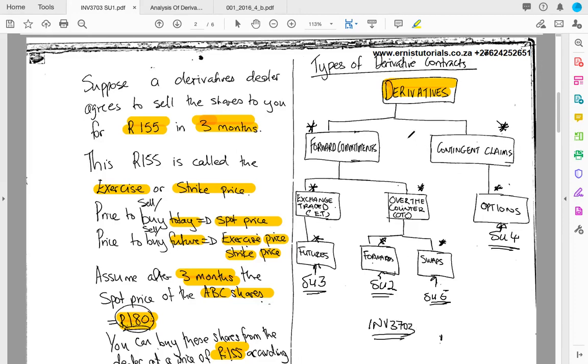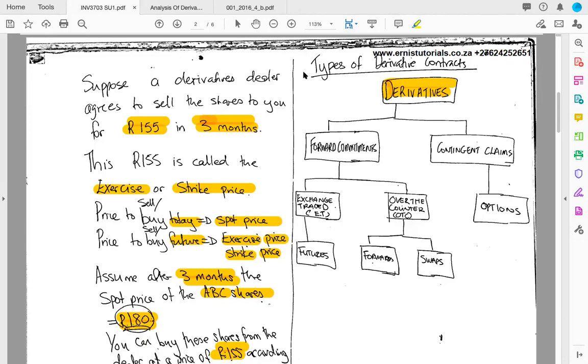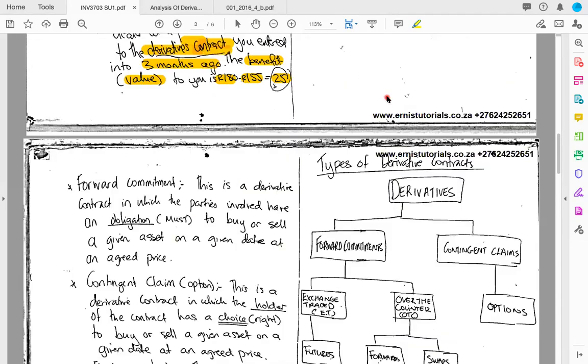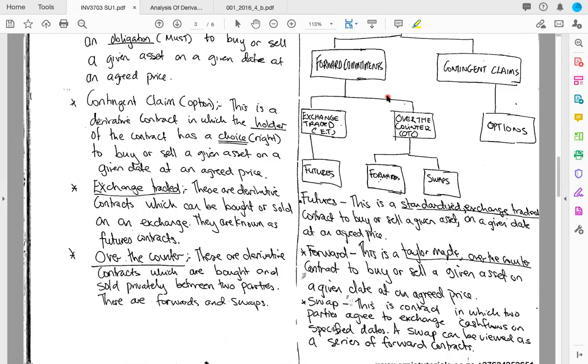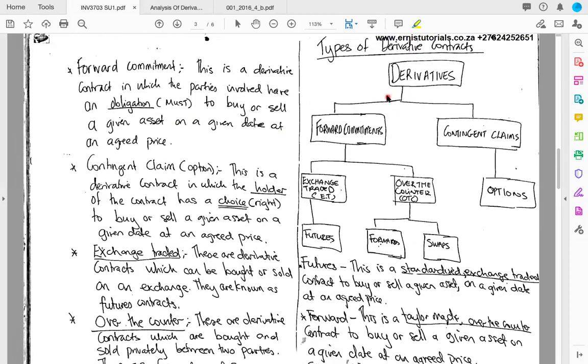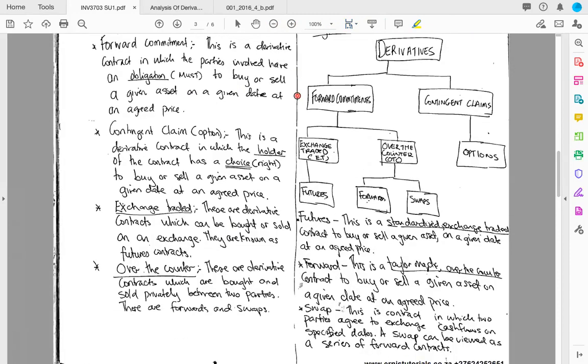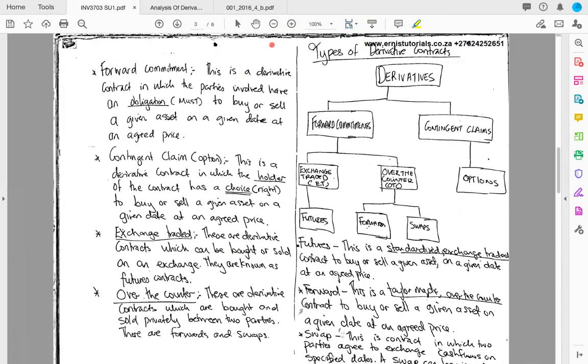So let's briefly go through some of these terms like forward commitments, contingent claims. Let's just talk about what all these terms actually mean in relation to derivatives and what we are going to be coming across in this module, right? So firstly, let's talk about what we mean by a forward commitment.